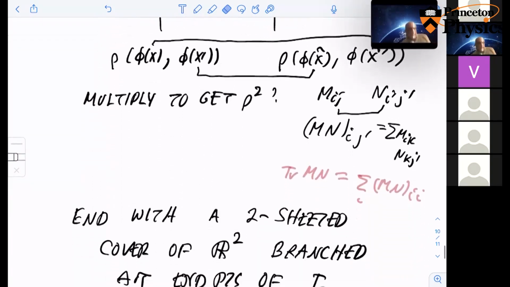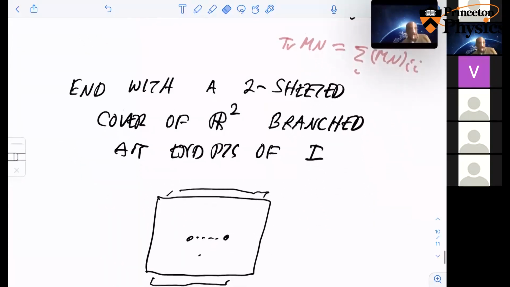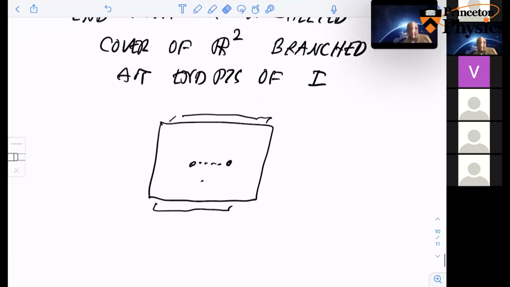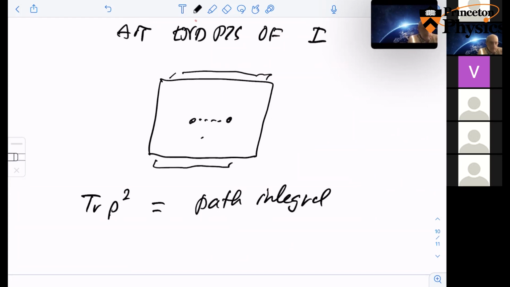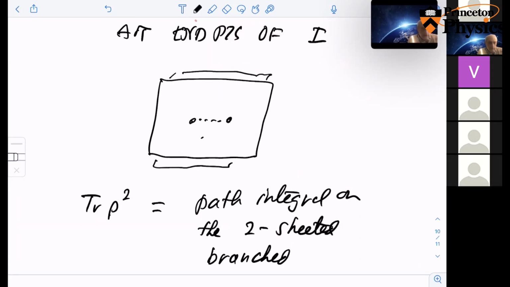I hope you can see from the picture that when we find the path integral that represents trace rho squared, we've constructed a two-sheeted cover. So the trace of rho squared is equal to a path integral on the two-sheeted branched cover of R2.